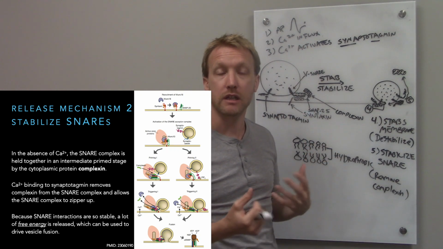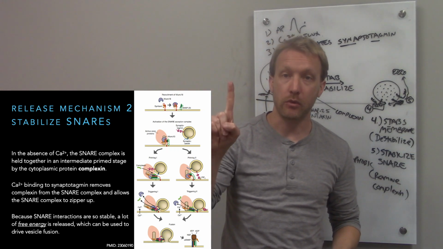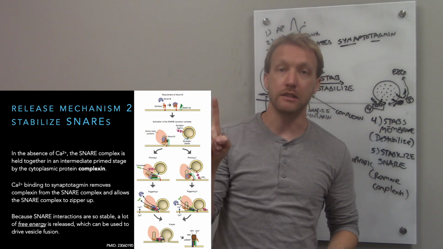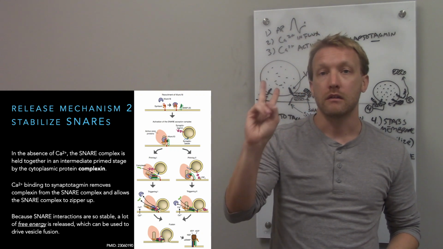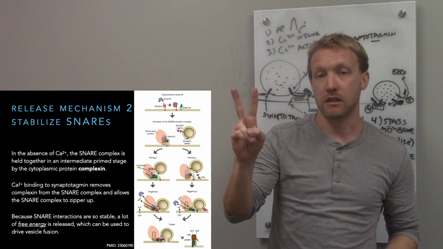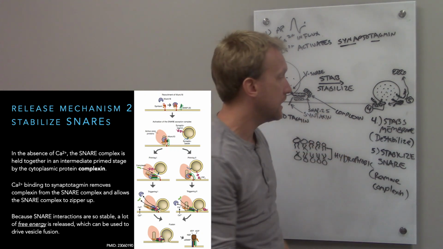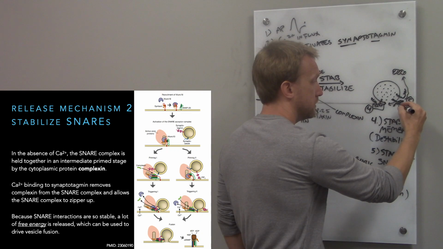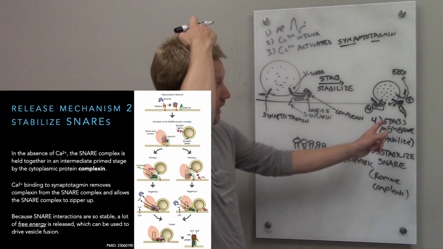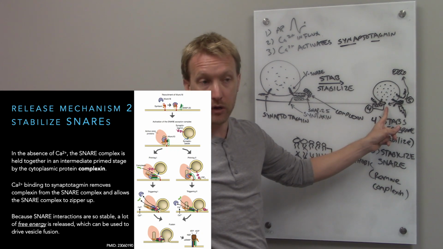Calcium then binds to synaptotagmin, turning it on. Synaptotagmin stabs the membrane, making it easier for the two membranes to fuse. Then it stabilizes the snare complex. Once the snare complex zippers up tightly, that's going to release a whole lot of free energy. There's my lightning bolt there to drive this thermodynamically unfavorable process of fusing two membranes.